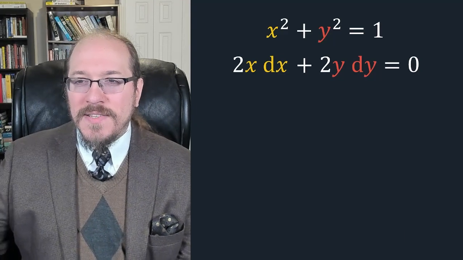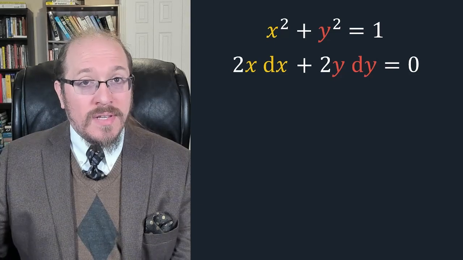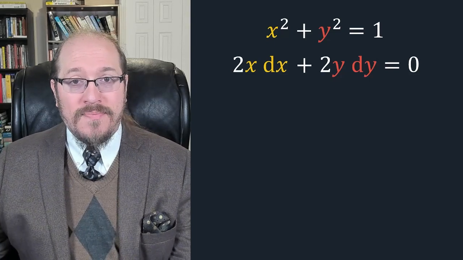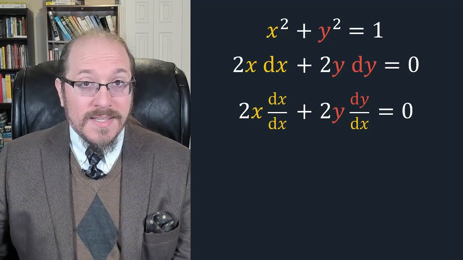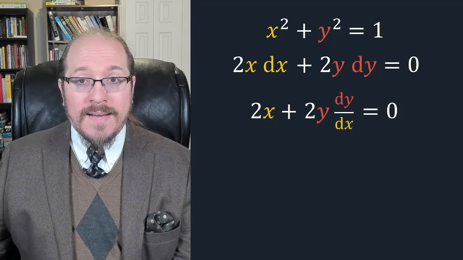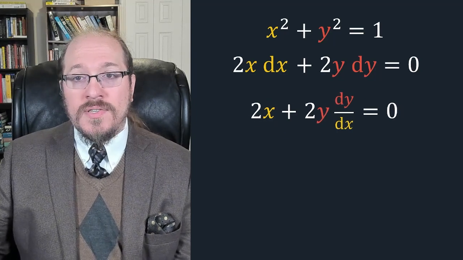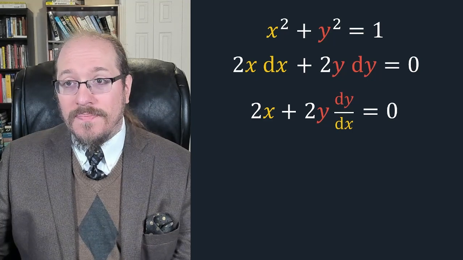Now, let's use a little algebra to rearrange this equation and figure out the slope dy over dx. Start off by dividing both sides by dx. dx over dx is just 1. So now we have 2x plus 2y times dy over dx equals 0.